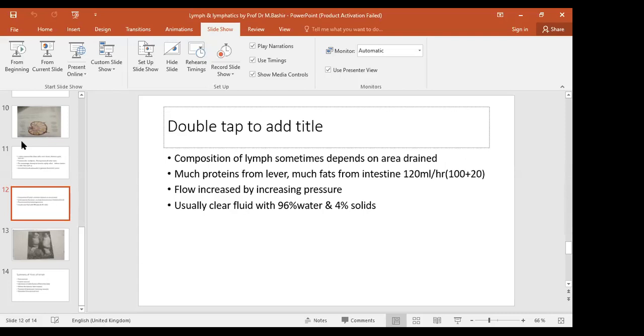And they are so sensitive that even the arteries which travel in an area where the lymphatic channels are also there, the pulsation of the arteries also helps in flow of the lymphatic fluid. Usually it's a clear fluid with 96% water and 4% solids, but the one which comes from the intestine having a lot of fats is a bit milky.